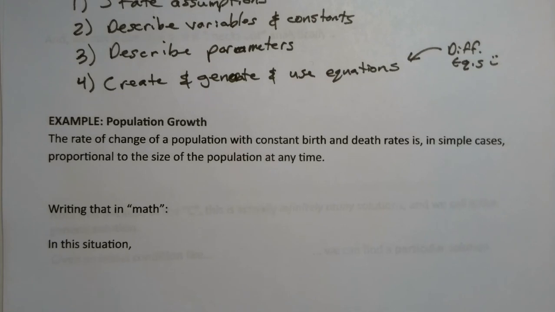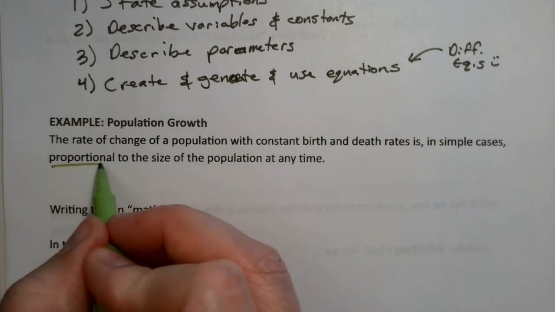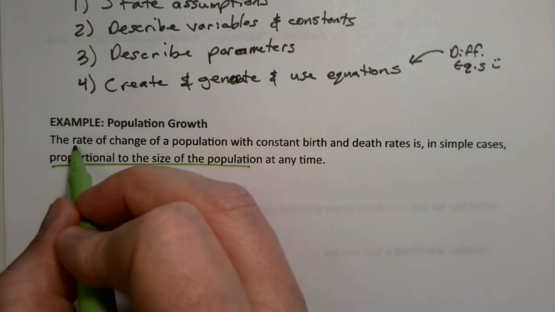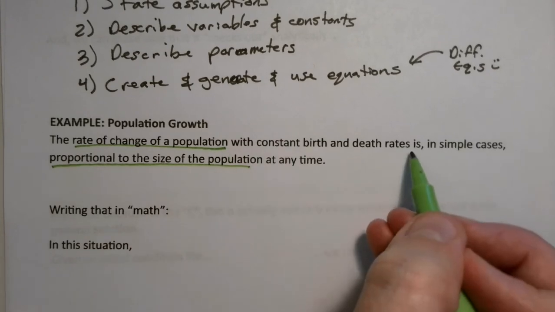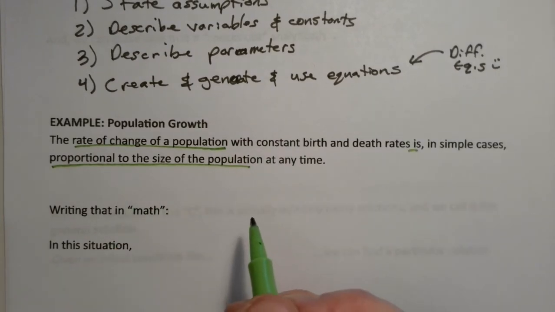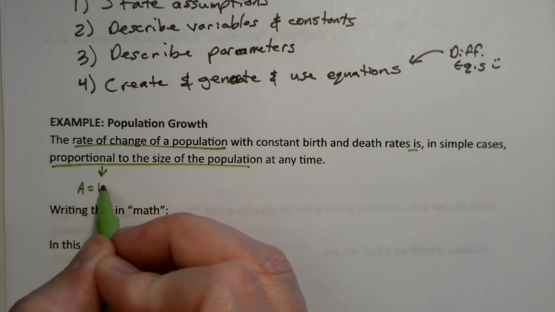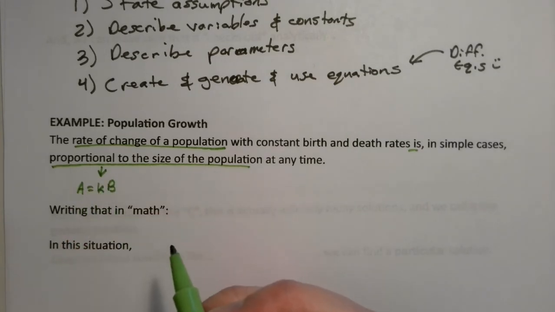So we've got some things that we're going to need to model here, some things that we need to make sense of. So the first thing, proportional to the size of the population, that means the rate of change of the population is proportional to the size of the population. That means, if you remember, A equals K times B. There's a constant of proportionality there.